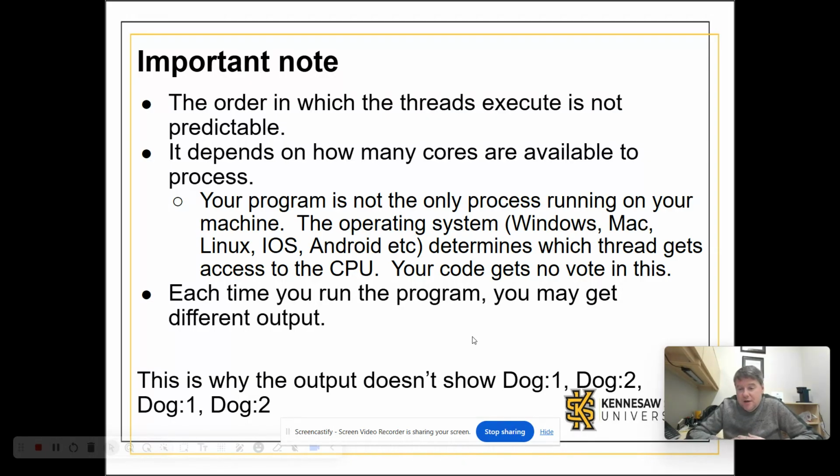That's a part of being an operating system, is that you don't want to give all the resources to one process because that would be unfair. So it tries to be fair and spread them around. But as a result, it's unpredictable at exactly what order things are going to run in when you have a multi-threaded environment. So a very important detail is if you run a multi-threaded process multiple times, you may very well get different output.